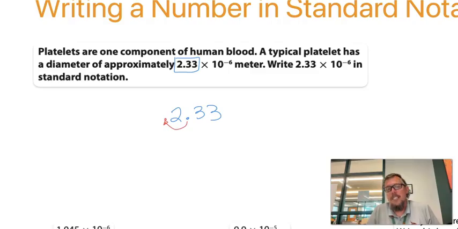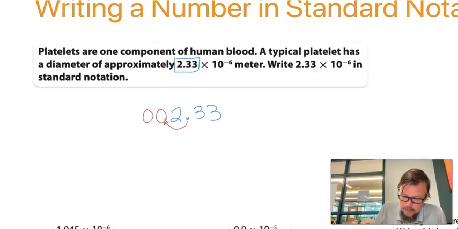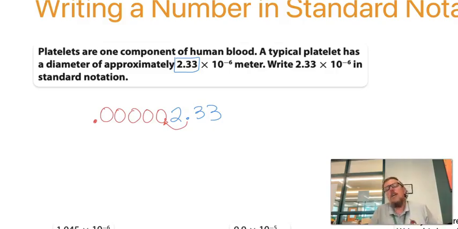The way that we solve this problem is the same way we solved it when we were moving the decimal to the right side, which is we start adding zeros. So I've moved the decimal one time. I still need to move it 5 more times, so I'm going to add 5 zeros. 1, 2, 3, 4, 5, and we put our decimal point right there. So our answer is 0.000000233.